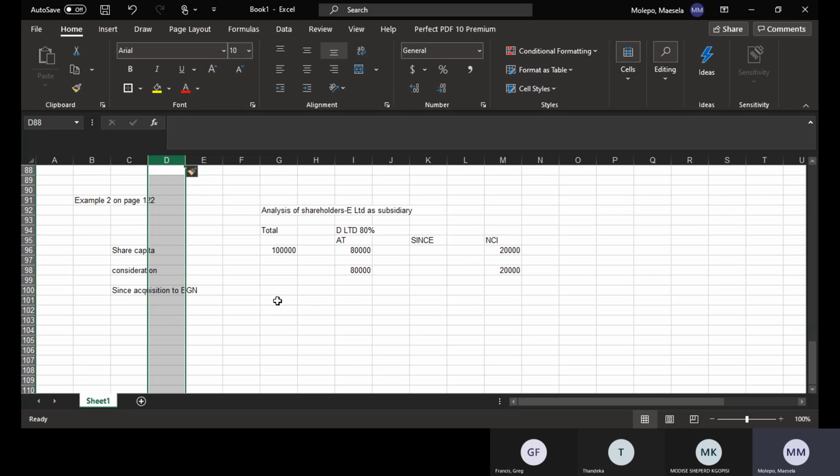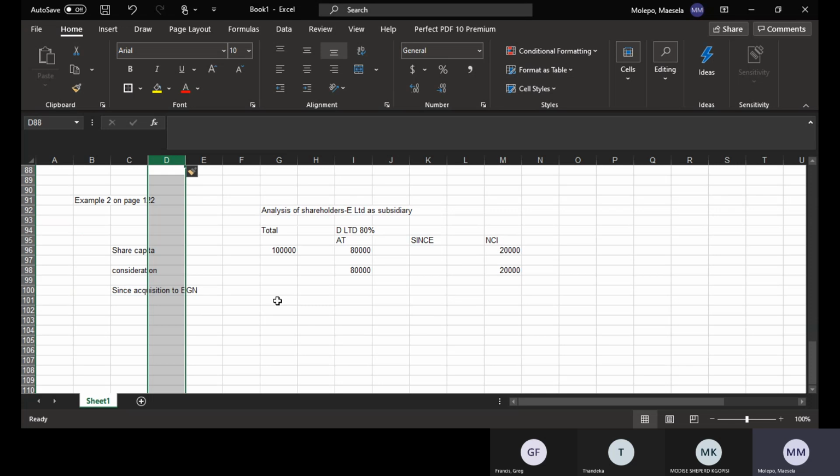But this one is not straight as 80,000, because in this case the subsidiary is selling to the parent. So at the beginning of the year, there was an unrealized profit from the inventory at the beginning.